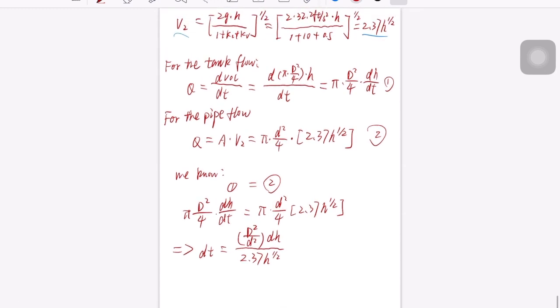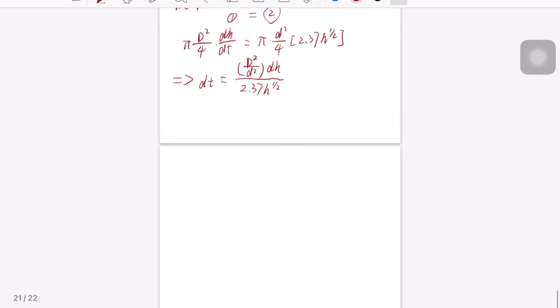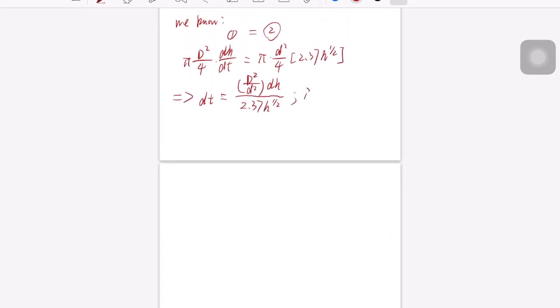Yeah, and integrating this equation, we will get that t equals 1 divided by 2.37 times D squared divided by small d squared, integrate from 10 to 5, H to the power of negative 1 divided by 2 dH.